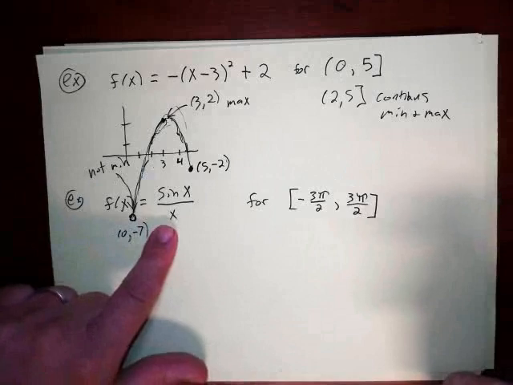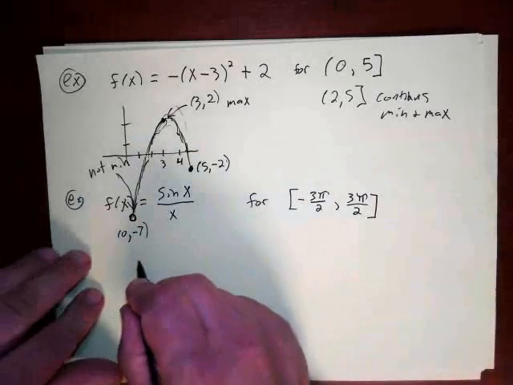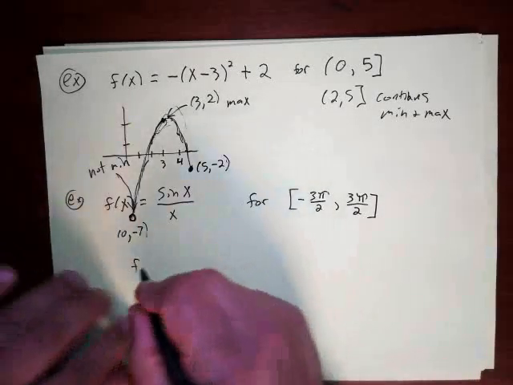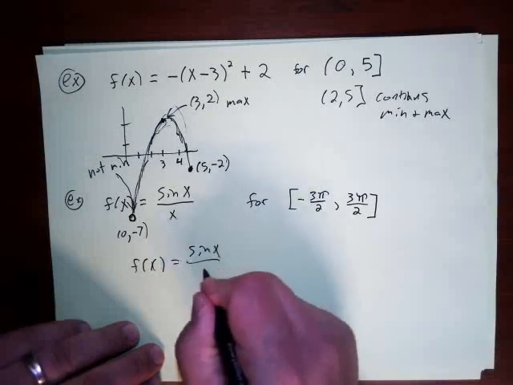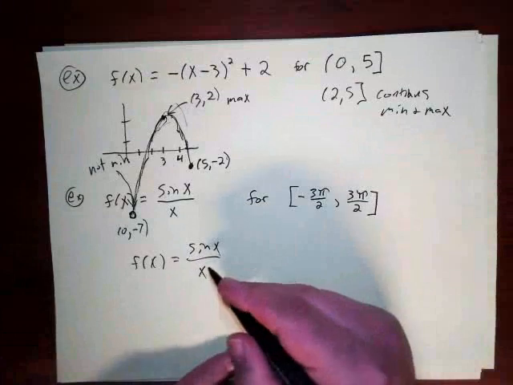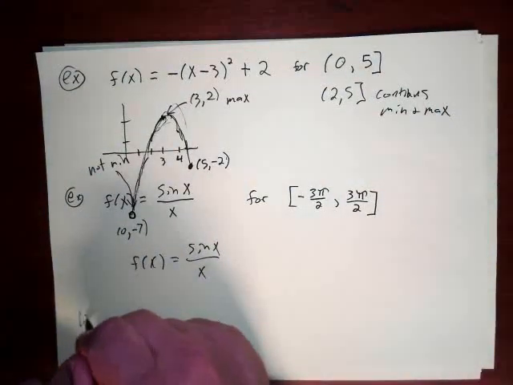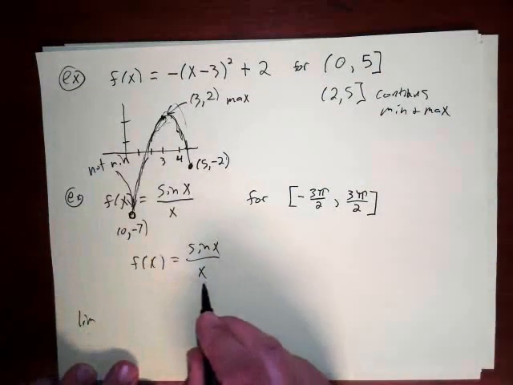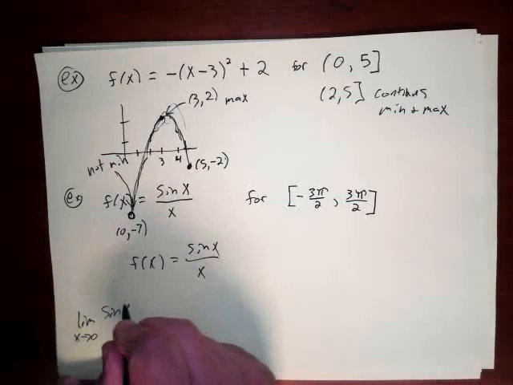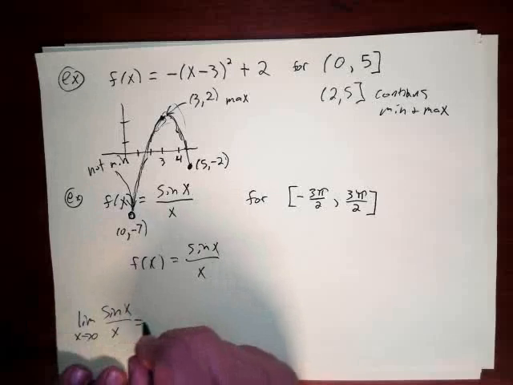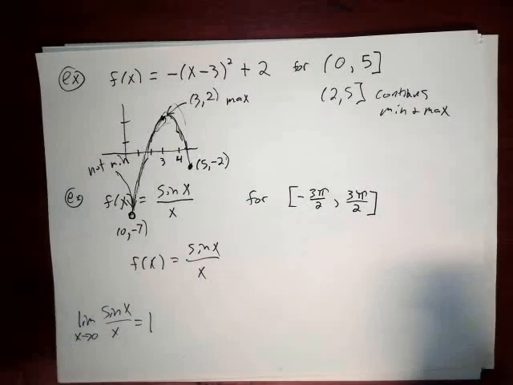So now this function, f of x, and let me write it down here, because I got it all messy here. This is sine of x over x. And if you remember, this is the one where at 0, this thing is not defined. But if you take the limit as x goes to 0 of sine of x over x, this is that special limit that is equal to 1.